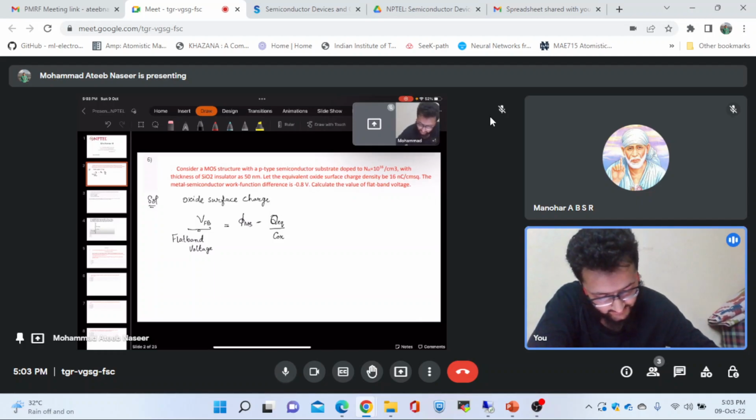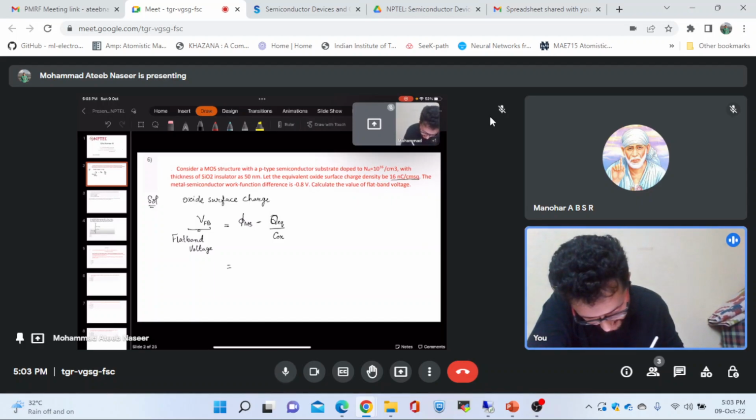So this surface charge density is given to be equal to 16 nanocoulomb per centimeter square, as you can see from this. And we have been given this phi ms value. This phi ms is equal to minus 0.8 volt. And this Q equivalent is simply equal to 16 nanocoulomb, that is 16 into 10 to the power of minus 9.